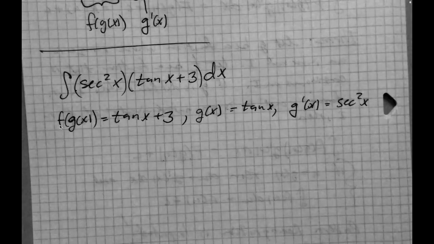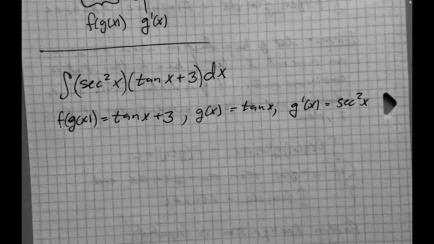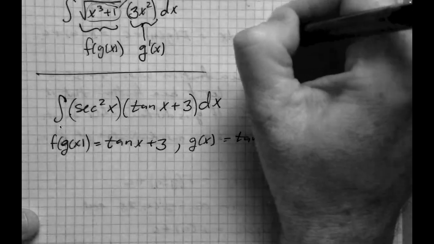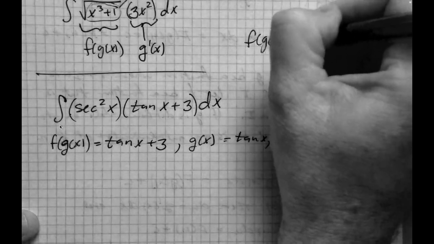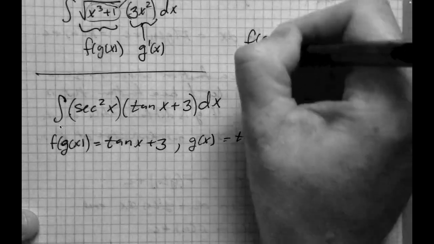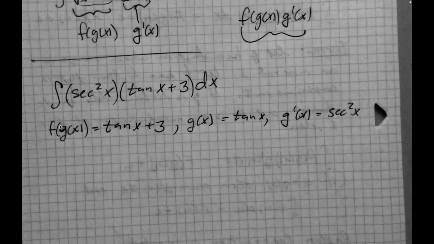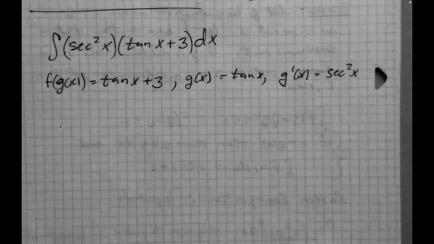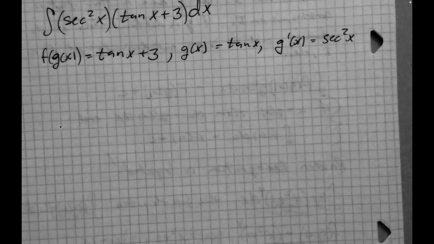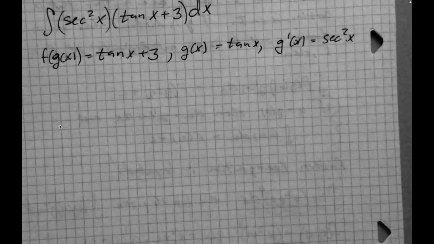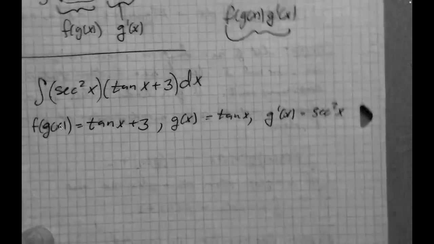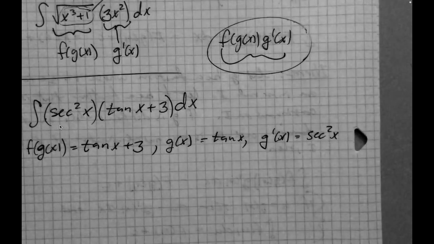So these are all examples where the pattern is explicitly in the integrand. You explicitly have f of g of x, g prime of x in the integrand. Now, very often, in fact maybe most of the time, you will have an integrand that almost fits this pattern, but not quite.